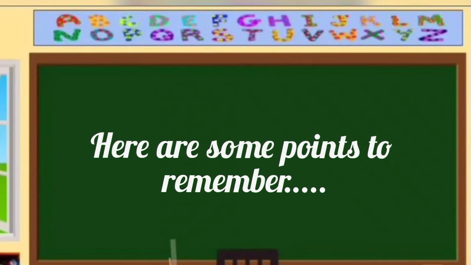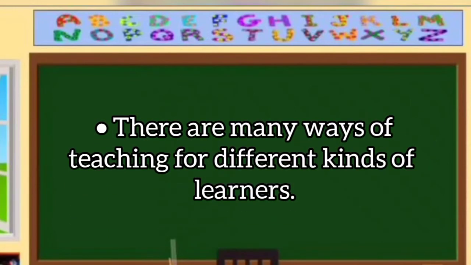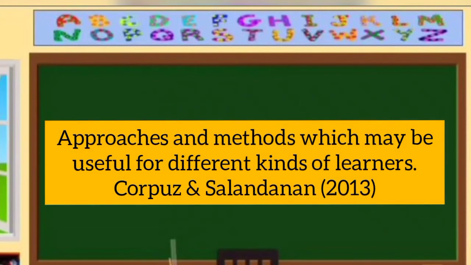The first one is there are many ways of teaching for the different kinds of learners. According to Karpus and Salandanan, 2013, they enumerated the following approaches and methods which may be useful for the different kinds of learners.